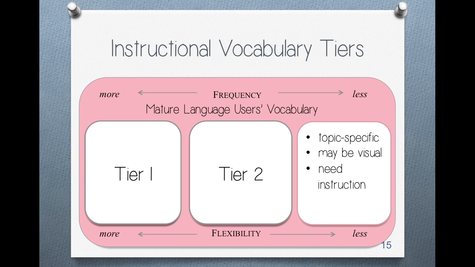They do need to receive instruction, meaning that they're not automatically known. It's assumed that Tier 3 words would need to be instructed. Sometimes they can be more visual because there's more of a one-to-one correspondence between Tier 3 words and the vocabulary that they represent. So you might see science vocabulary and all of the science terms related to cells, etc. All of those words are Tier 3 words.